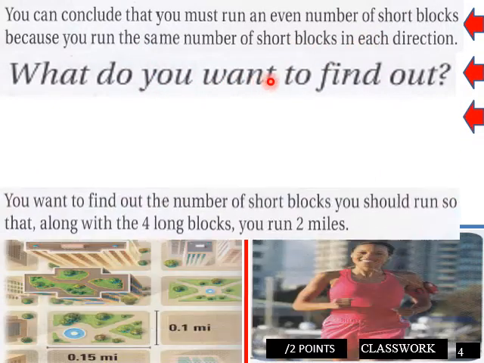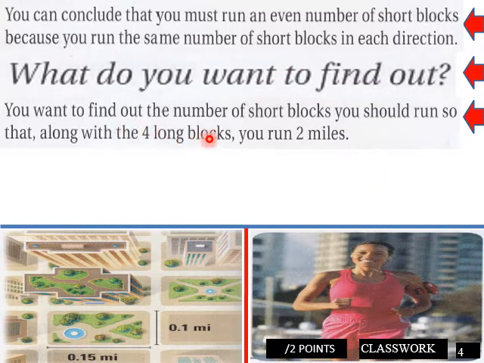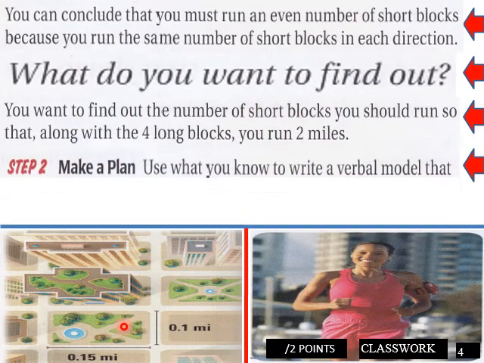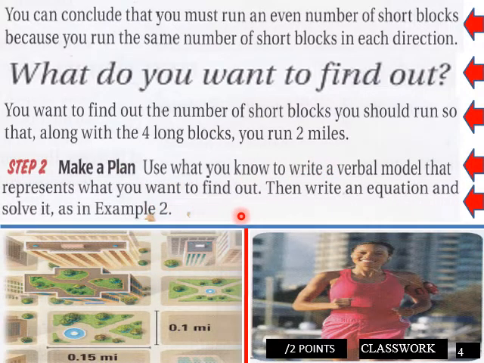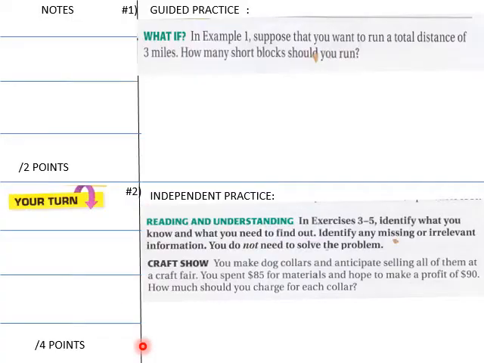What do you want to find out? You want to find out the number of short blocks you should run so that along with the 4 long blocks you run 2 miles. So we want to run 2 miles as our total run. Use what you know to write a verbal model that represents what you want to find out. Then write an equation to solve it, as in example 2.